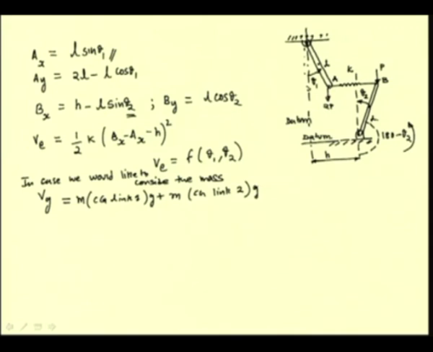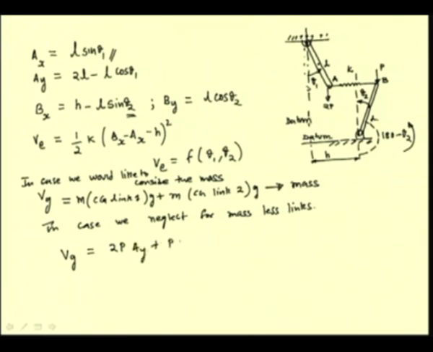If we see that these two forces, that is the force P at B and the force 2P at A, both are vertical forces and thus they are conservative forces, and in case we neglect the terms due to the mass for massless links, then we have this Vg as only 2P times Ay plus P times By.